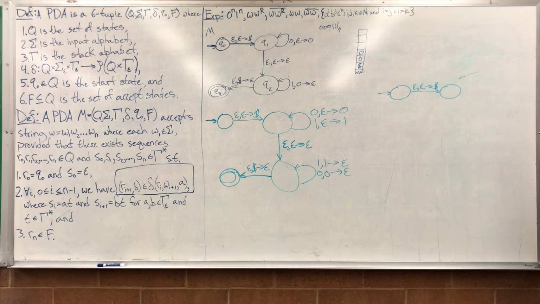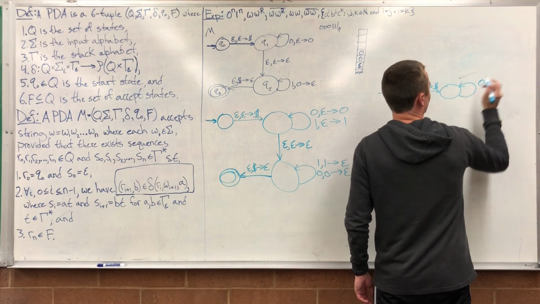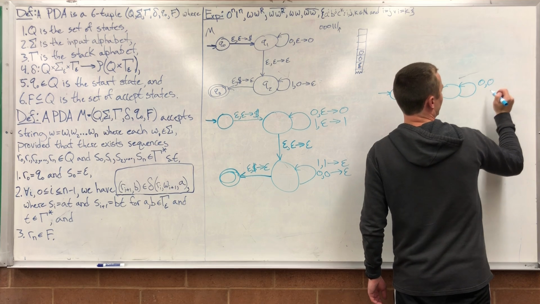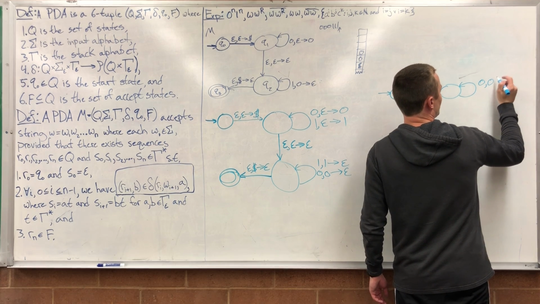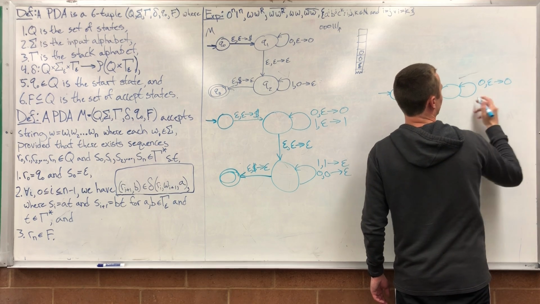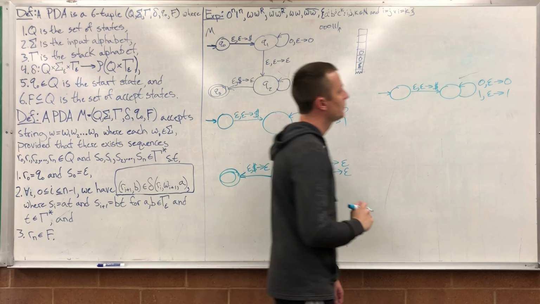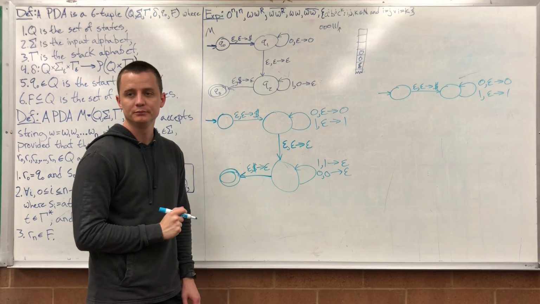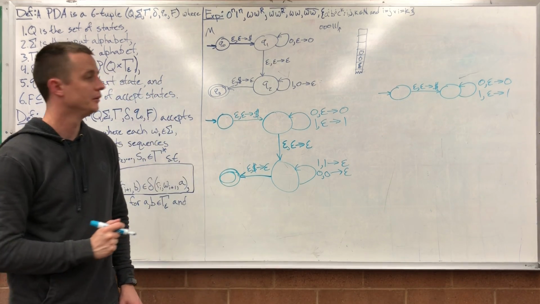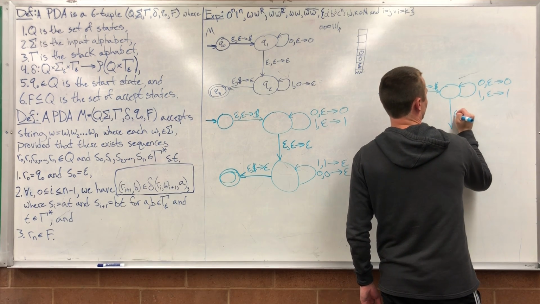I think we have the same two arrows, where it's like read 0, pop nothing. If we see a 0, we push a 0 on. Oops, we pop nothing, and we push a 0 on. And if we read a 1, we pop nothing, and we push a 1 on. Okay? And then go down to the epsilon arrow, read nothing, non-deterministic.